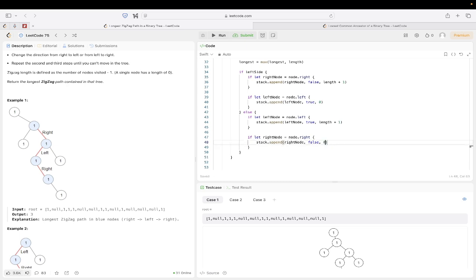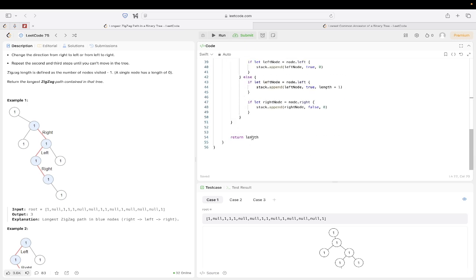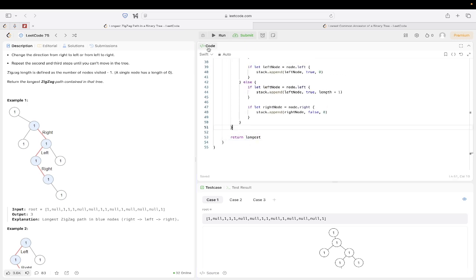If we came from the right side, we should go left so that we are still zigzagging. So we got the left node, we're appending the left node, and then we're increasing. Or if we go right again, that means we're starting over. Okay, and then we return our longest. Okay, let's try.